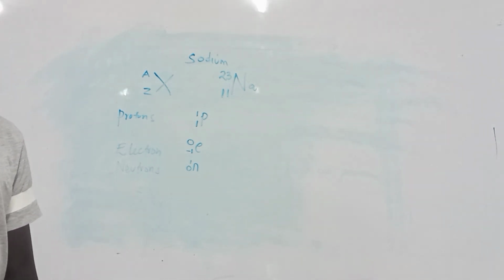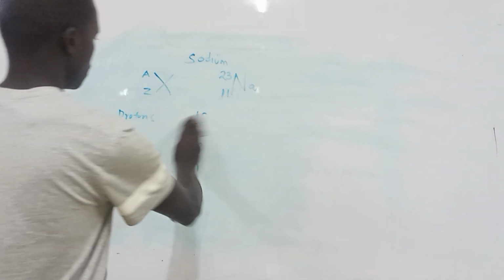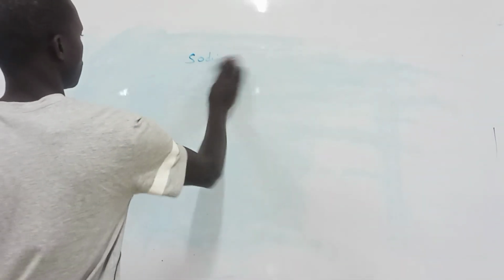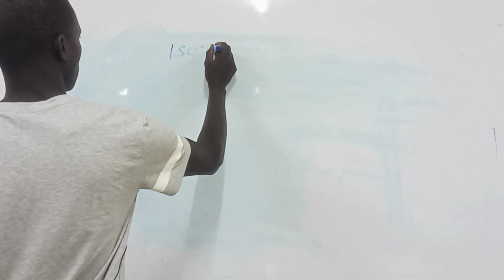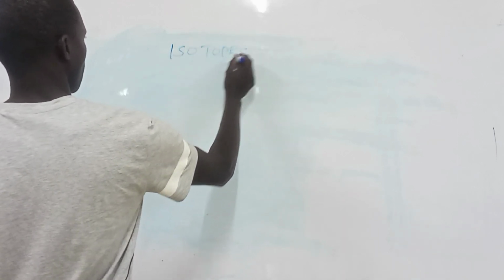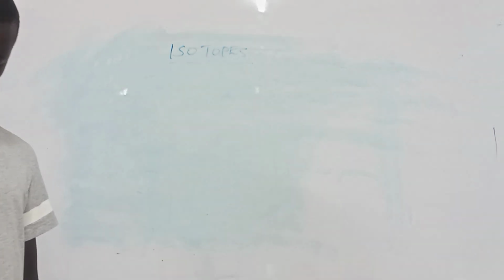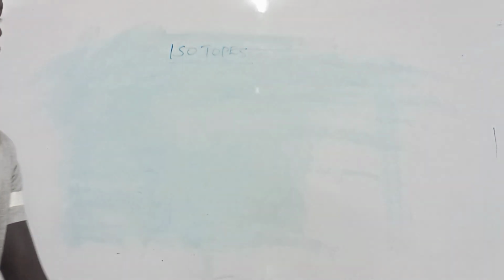So that's how we can represent subatomic particles having the mass and the charge. Let's look at our last part for today, which is isotopes. We are all familiar with charcoal, which is black in color, and in chemistry, charcoal is just carbon.